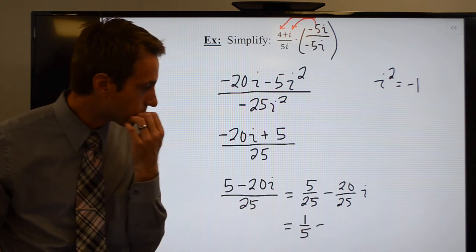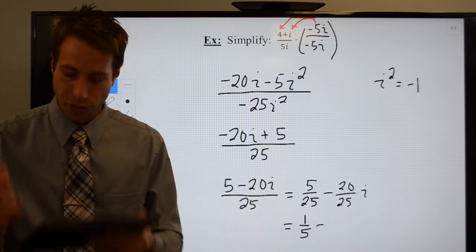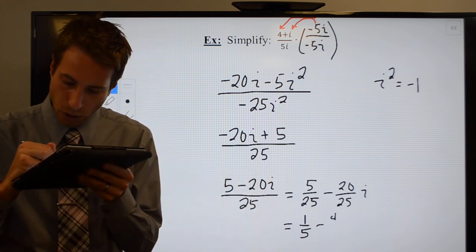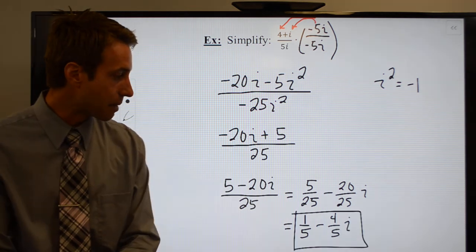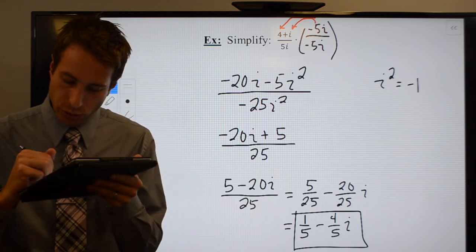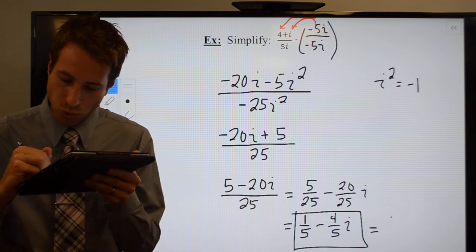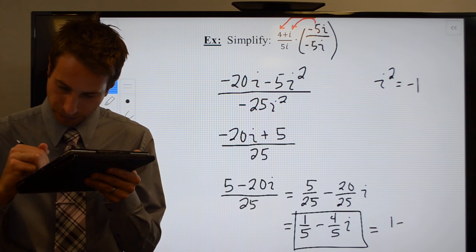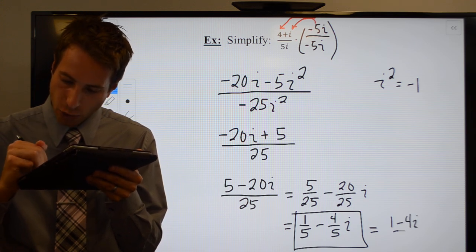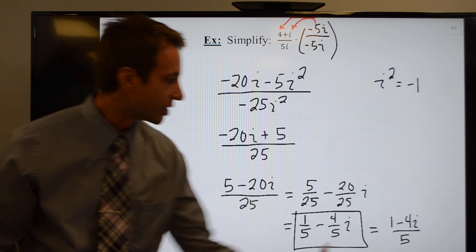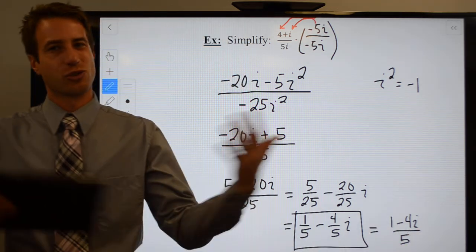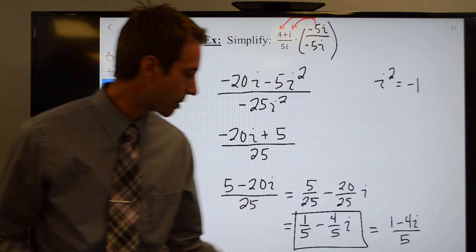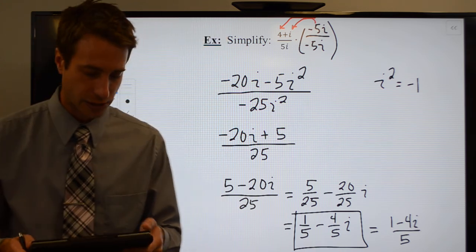I can pull a 5 out of both of those, and that leaves me with 4/5 i. And actually, that is going to be the best answer. If you wanted to, you could rewrite it as 1 minus 4i over 5 if you wanted to go back to the combined fraction, but once you've gotten here, there's really no point in going back, so that's your most simplified answer for that one.